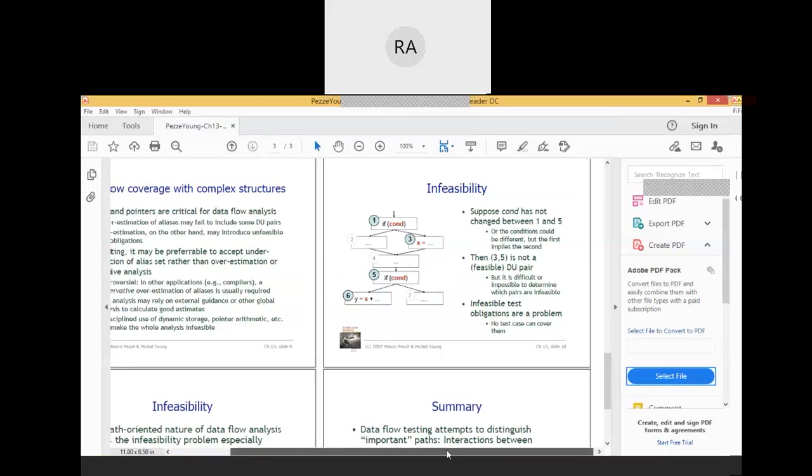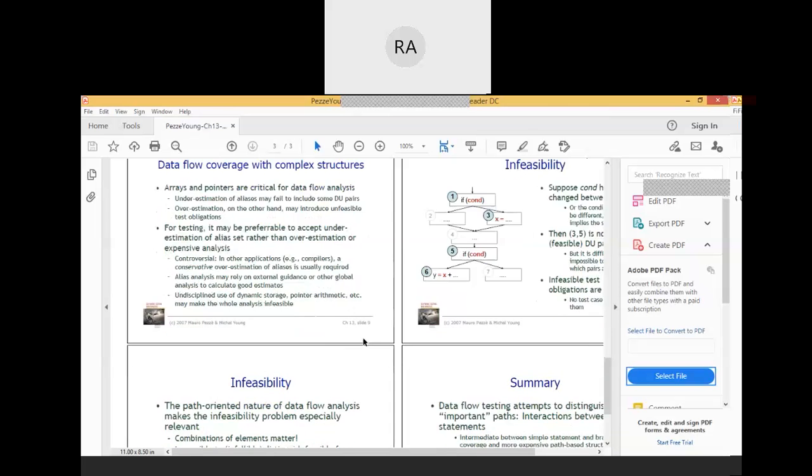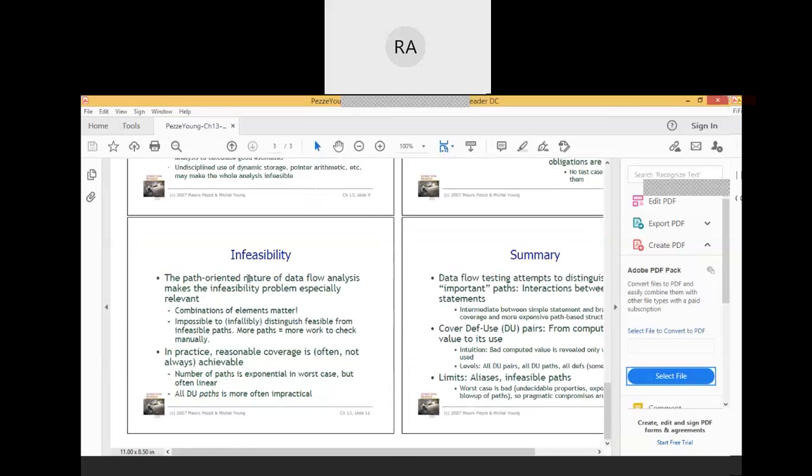That is with respect to data flow analysis and infeasibility. They have just explained it with the help of paths. Whenever the path-oriented nature of data flow analysis is taken into consideration, certain combinations you cannot traverse. It is impossible to distinguish between feasible and infeasible paths. If you have a large number of paths within your data flow graph or control flow graph, then you have to do more manual work to test those paths within your code.